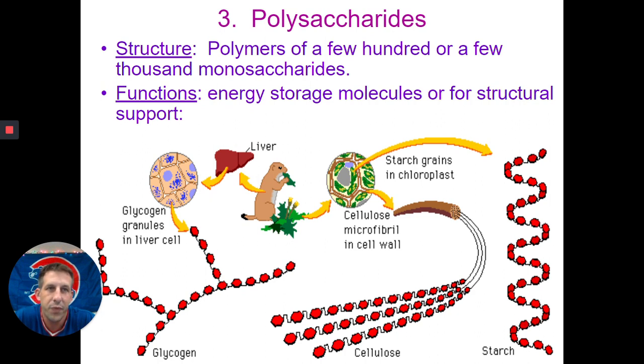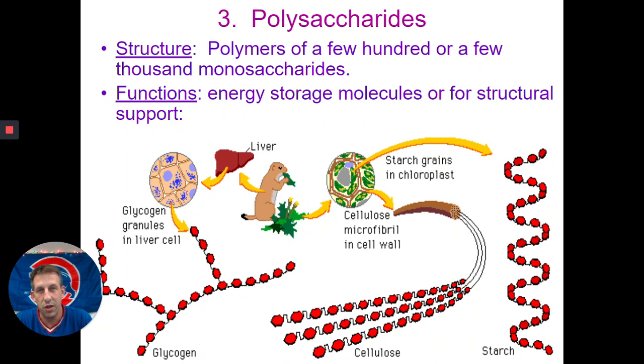Let's go on to the next slide, shall we? This next slide gives a general overview of the definitions of these things, what they're used for, and what their structure is like. With regard to chitin, we haven't really talked about that one yet. Chitin is a polysaccharide that's used as a structural material in arthropods' exoskeletons and also in some fungal cell walls.